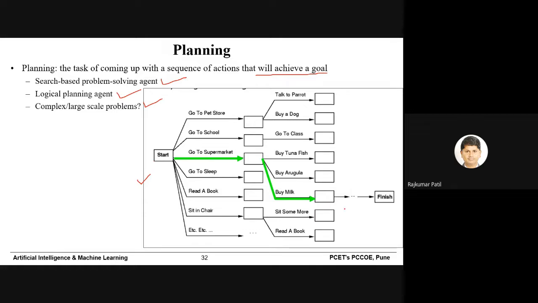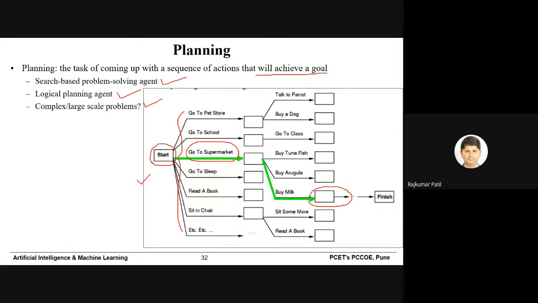And suppose on a given day, you need milk. The first thing you do is compare all the stored information, whether you need to go to a pet store or school or supermarket, in order to buy the milk. Then your brain, based on your prior information, tells you that you need to go to the supermarket.